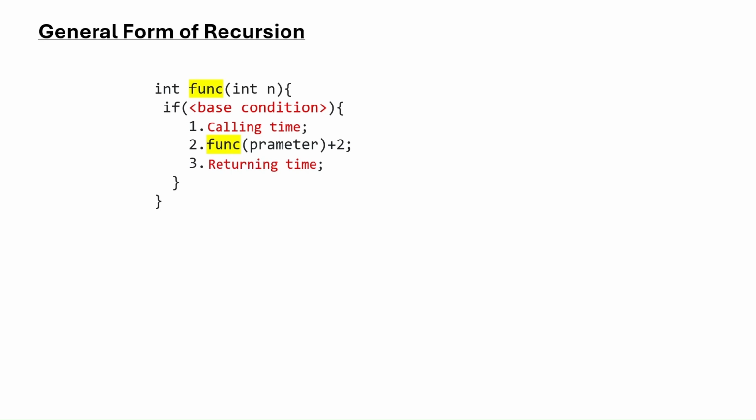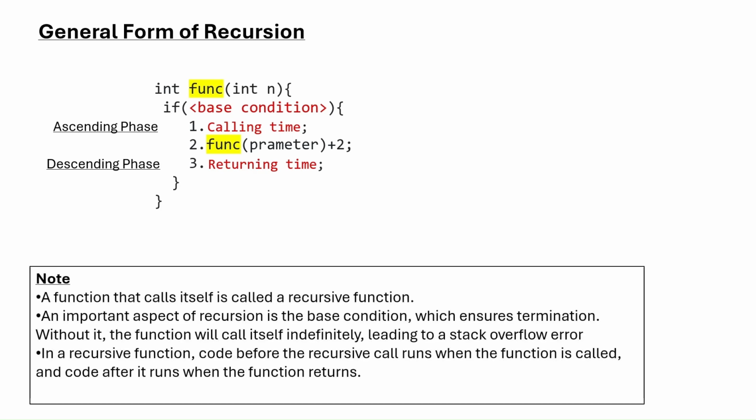And one more thing, the portion above the function call is known as the ascending phase of recursion, and the portion below the function call is known as the descending phase of recursion. This is the important point to note. I have just added an extra third point: in a recursive function, the code before the recursive call runs when the function is called, and the code after it runs when the function returns.